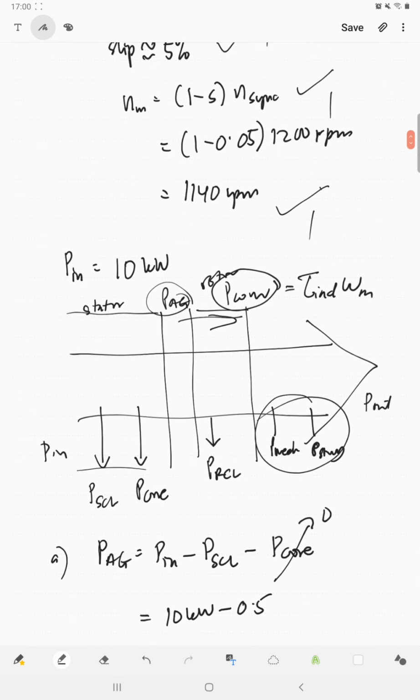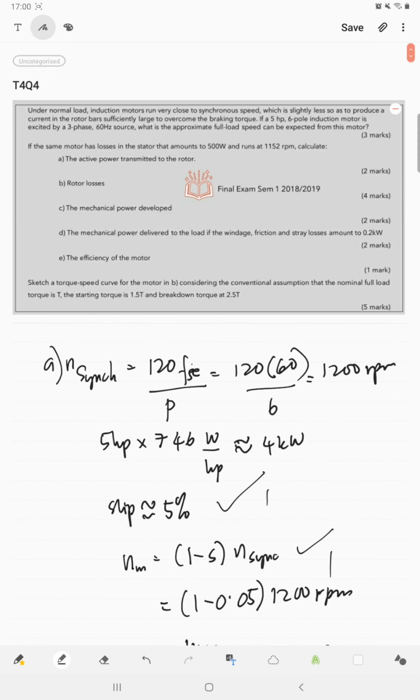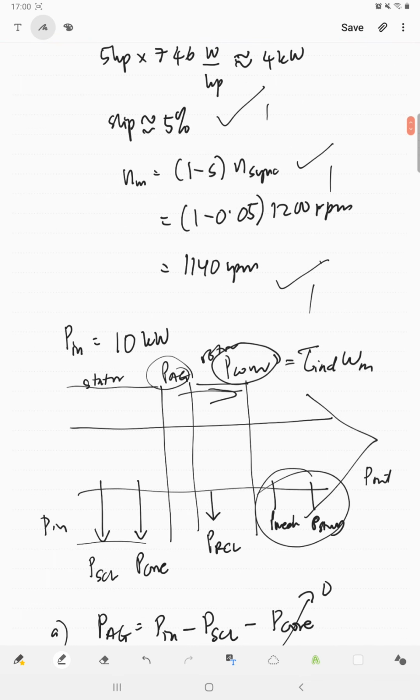Therefore, for induction motors and synchronous induction motors, it's important for you to understand the power flow. And if any of the power flow was not given, you can put your assumption. Sometimes people put stray losses at 1%, whether it's given or not, because there are motors that are always at 1% stray losses.